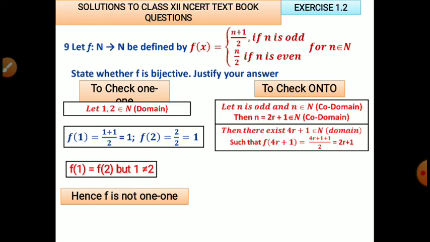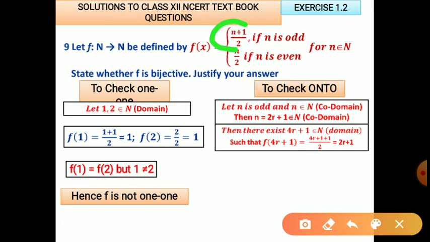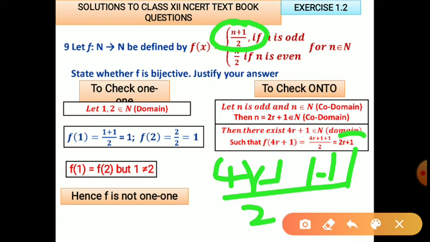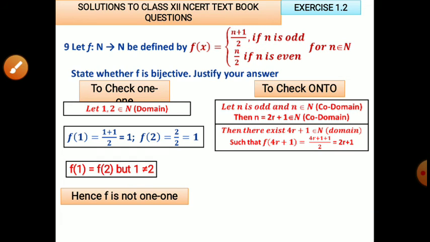Here we need to concentrate on n plus 1 by 2. If you substitute 4r plus 1 there, you get 2r plus 1. So there exists one number 4r plus 1 in the natural numbers, that is in the domain, such that you get it. So that's why you can check.